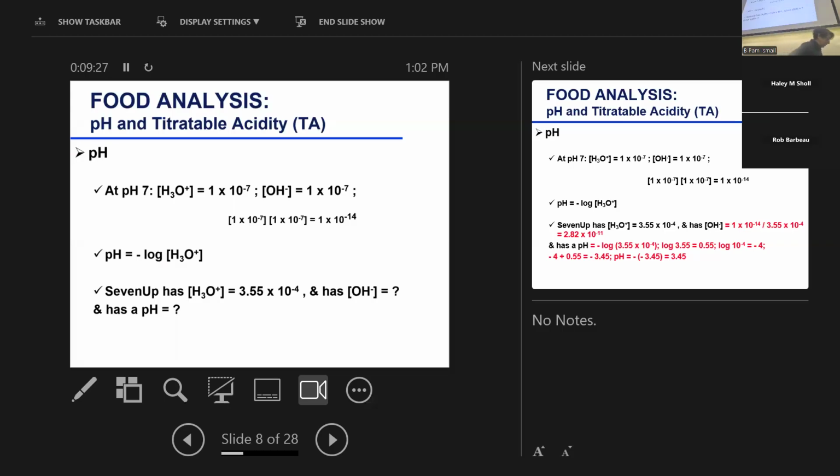Take a moment. Anybody close to the concentration of hydroxyl groups?